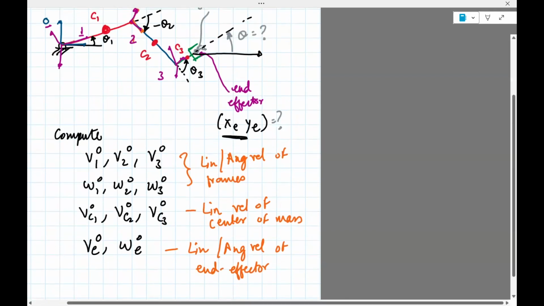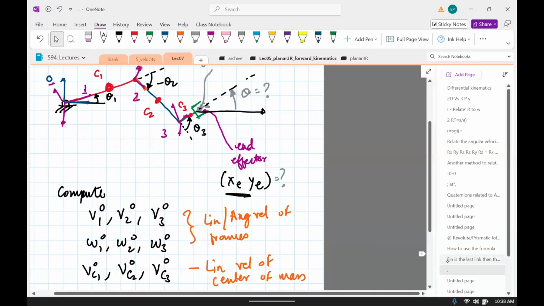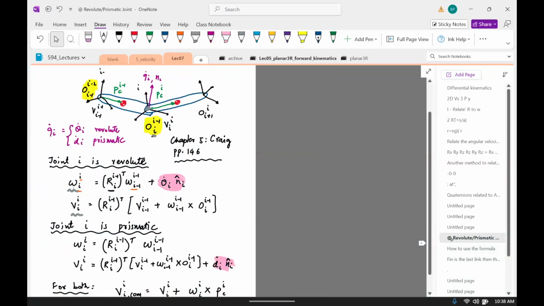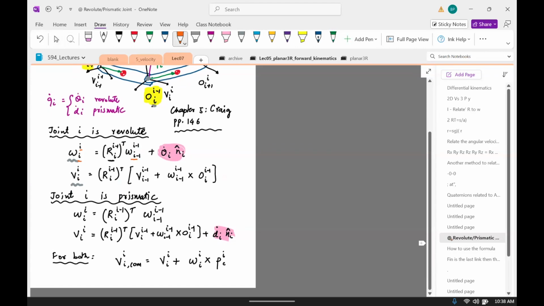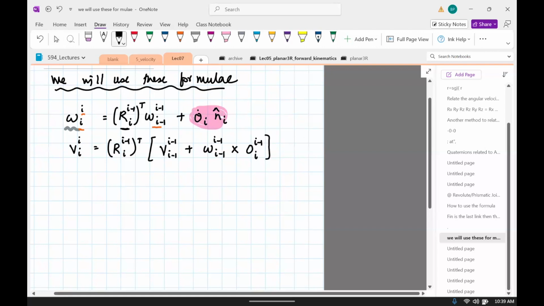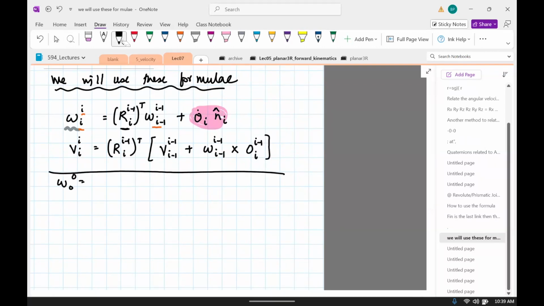So here is how you would do this. I'll use these formulas for the revolute joint because we have only revolute joints. We don't have a prismatic joint. So first of all, omega 0,0 is equal to V0,0 equals 0,0,0. Right? That's the speed of the world frame, which is 0.